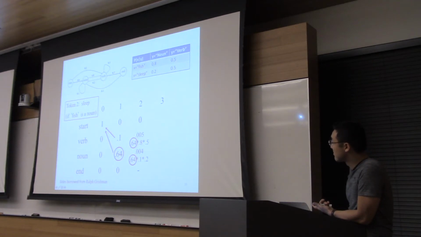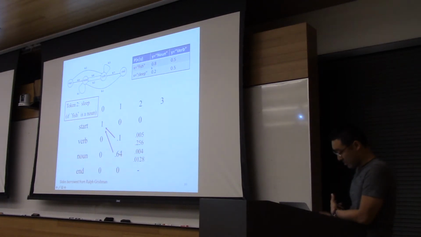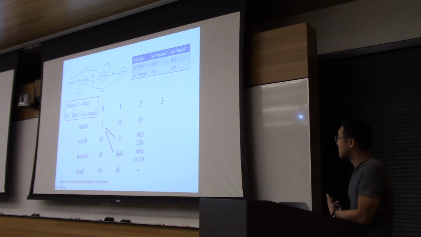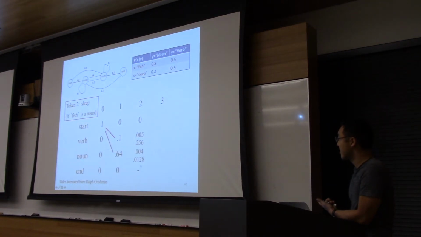The 0.8 comes from going from noun to verb, and the 0.5 is from the lookup of this probability table, and this 0.1 is the probability of going from noun to noun, and the 0.2 is from this observation table. And then we just take the max over these two. When you compute the best length 2 prefix subsequence, you only need to look at the best length 1 prefix subsequence, consider appending a verb to both of them, computing the two probabilities and taking the maximizer, which is this guy, and for noun, it's this guy.